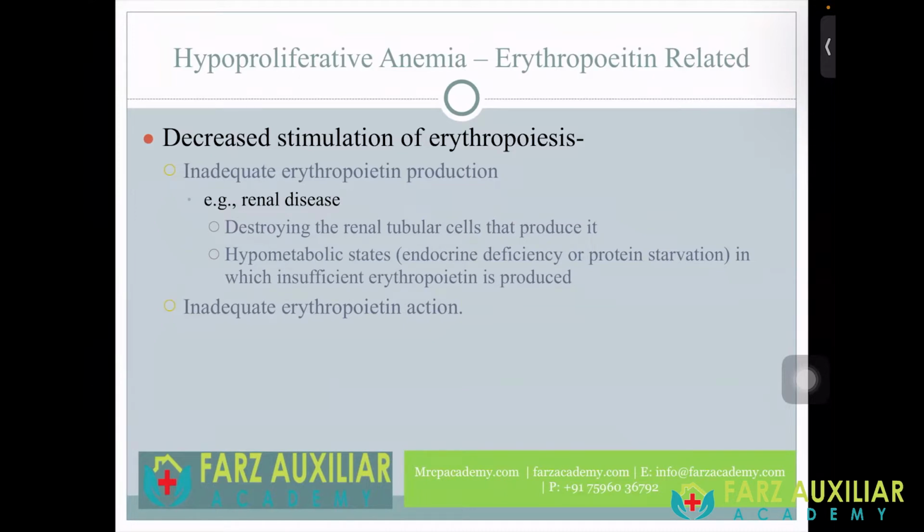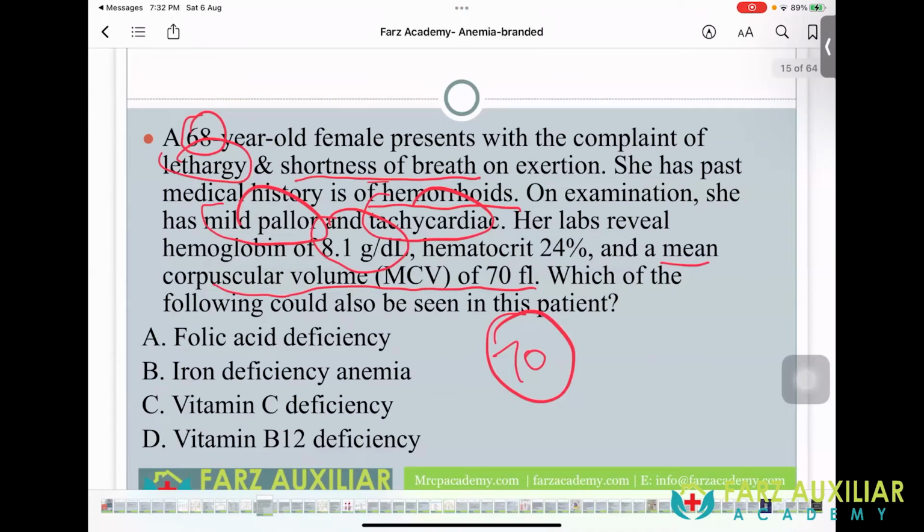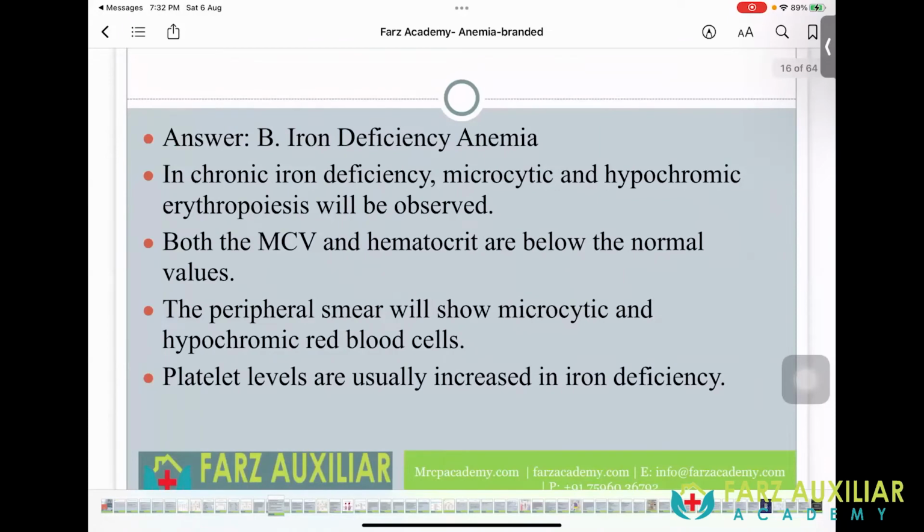Bone marrow is healthy, it is intact, so it should produce a good amount of RBCs. But where do we see inadequate erythropoietin action or erythropoietin resistance? In which condition? Sir, CKD. In CKD, you have decreased renal production of erythropoietin. Sir, iron deficiency anemia? Yes.